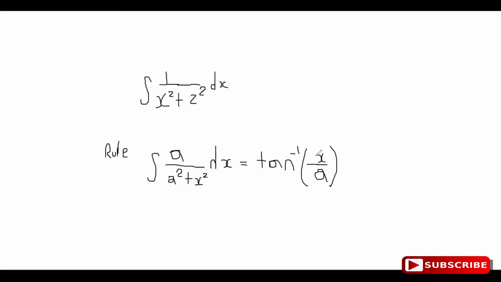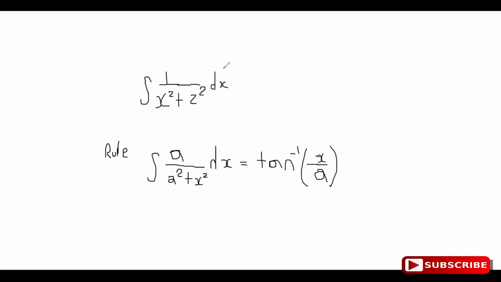How you can always know is differentiate it back. This is tan inverse of x over a. Anytime, you can always differentiate this back to see if you get back this. Now in the numerator we need an a, in this case 2.